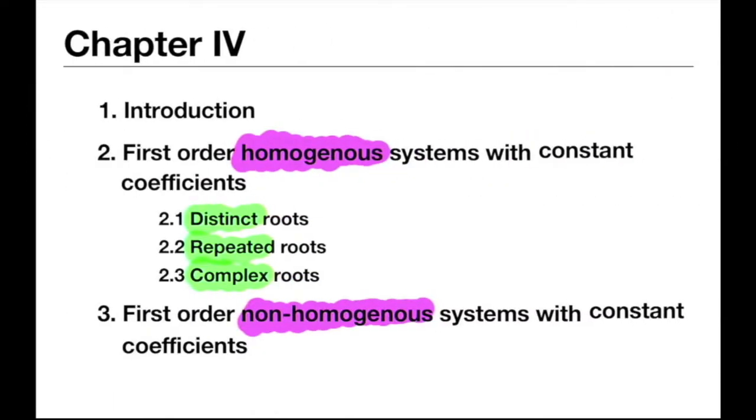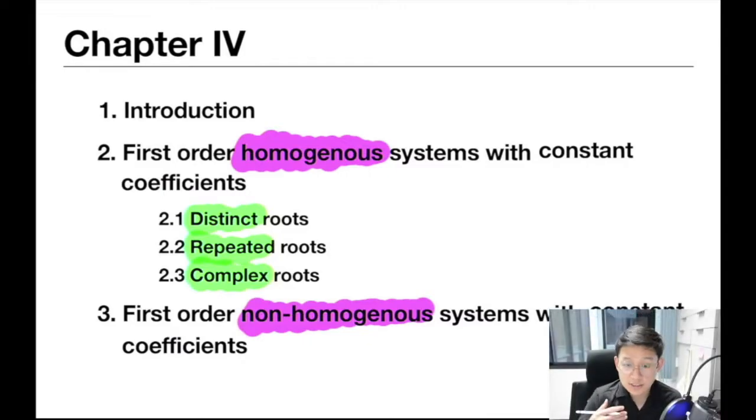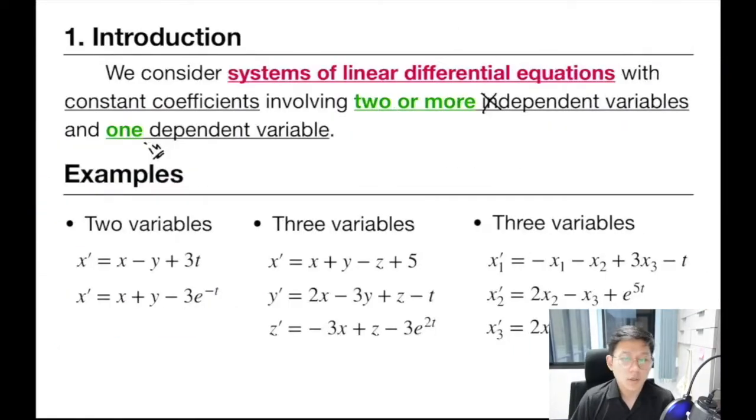Today in this video I'm going to be talking about the introduction. We consider systems of linear differential equations with constant coefficients, and there are two or more dependent variables. There's a typo here. It's dependent variables, and there's only one independent variable.